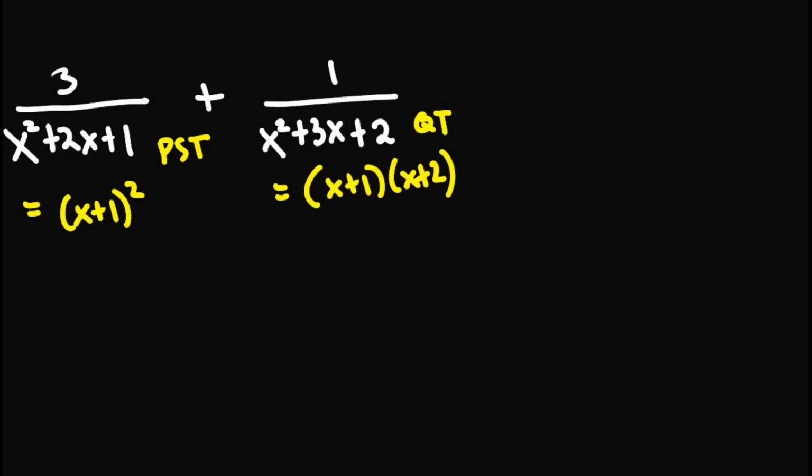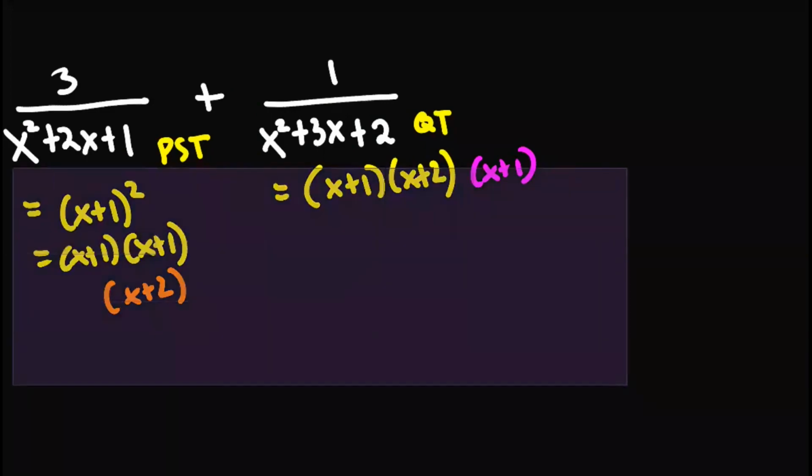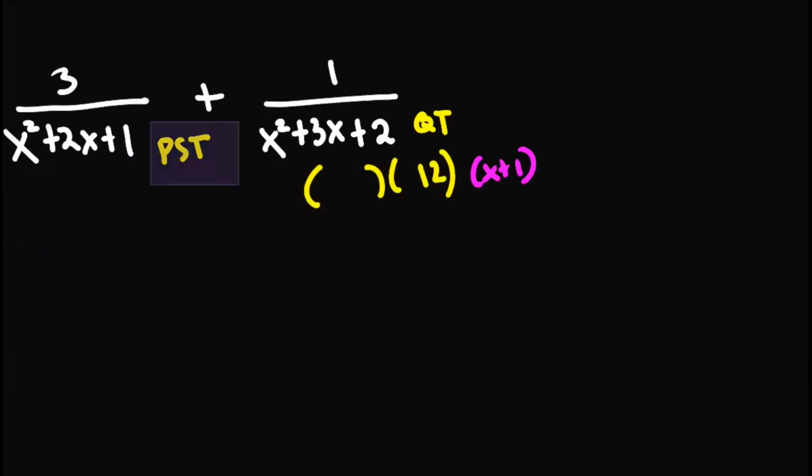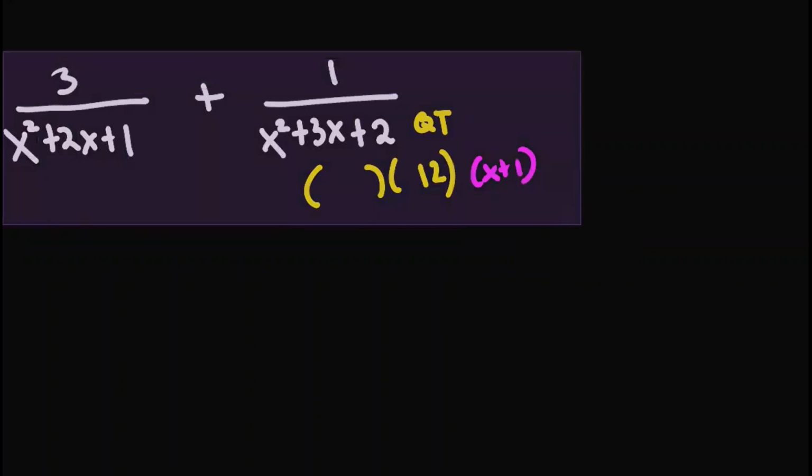So with this one, we know, since we can write this one as x plus 1 times x plus 1, what we need to multiply in this one is an x plus 2. And for this one, we are missing another x plus 1. So that's what we need to multiply out. So let's fix this one.